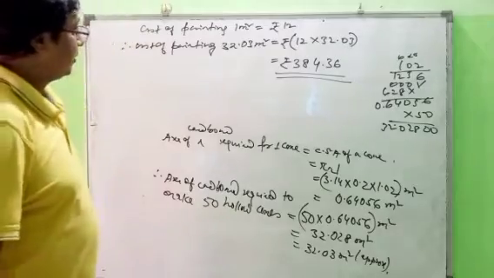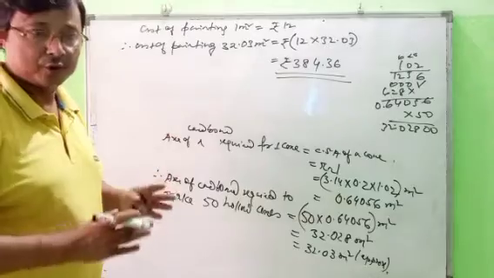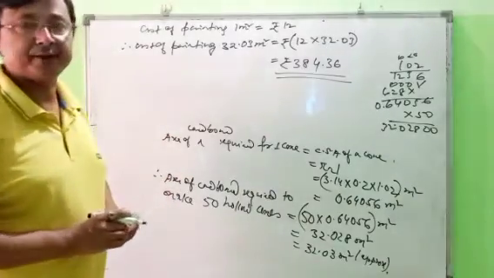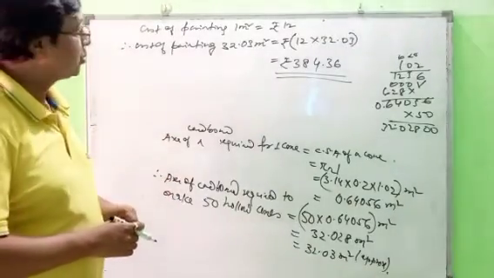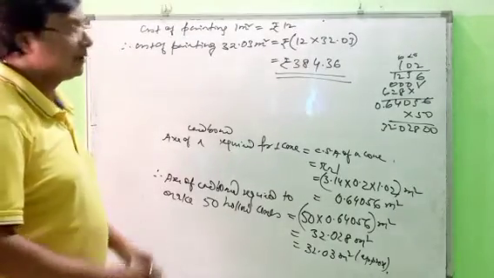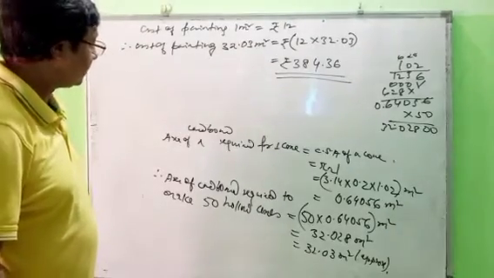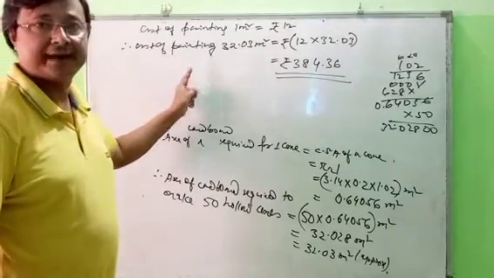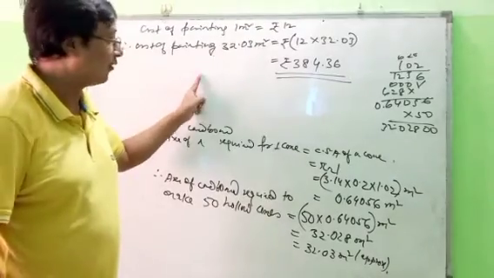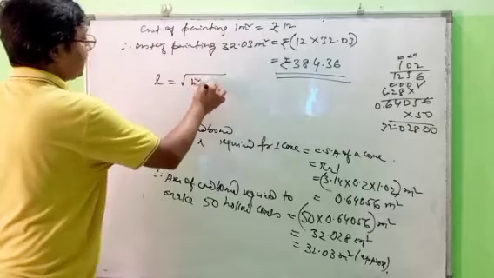So here the total number of cones is 50. All the cones are hollow. Each cone you are going to make with cardboard. So you are going to find out first the actual area of cardboard required for 50 hollow cones. For this, you first found the value of L, that is the slant height, using the formula L equals root over h square plus r square.